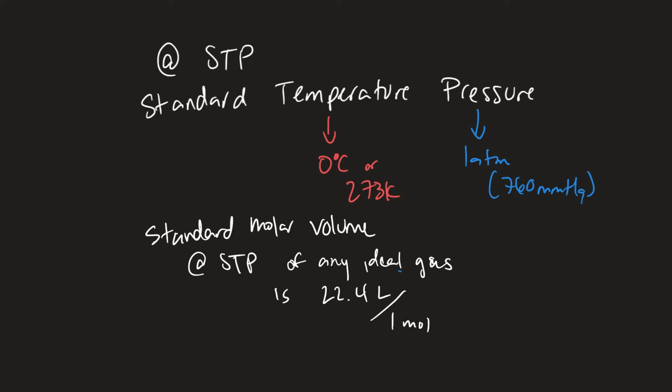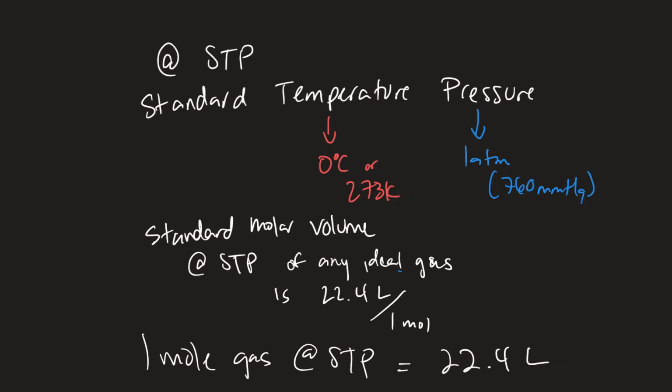So if you have 1 mole of any gas at STP, the volume of that gas is going to be 22.4 liters.